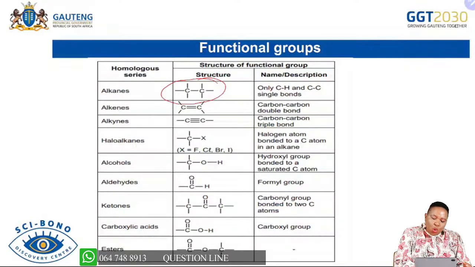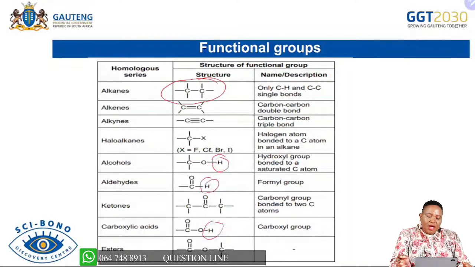But there are cases where you will find a hydrogen being part of the functional group, and it's only for alcohols, aldehydes, and carboxylic acids. However, for all the other organic compounds or homologous series, hydrogen is not included.